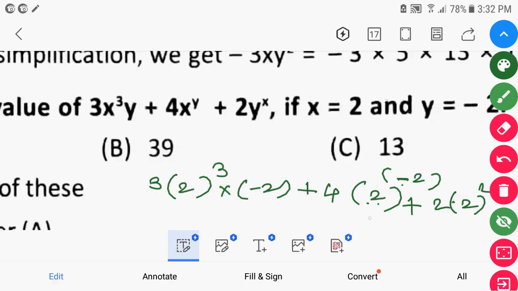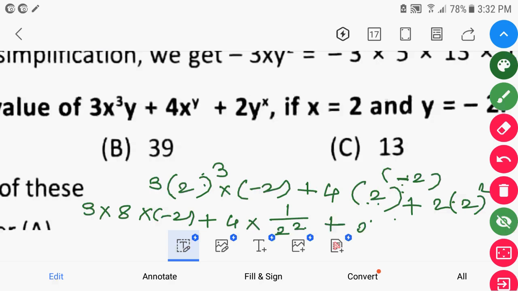Okay. So 2 raised to minus 2 also gives the value as 4? No. What you do here is, I will show you. Now see, 3 into 8, 2 cube is 8, multiplied by minus 2 plus 4. Now this 2 raised to minus 2 becomes 1 upon 2 raised to 2, means 1 upon 4, plus 2 into 4.